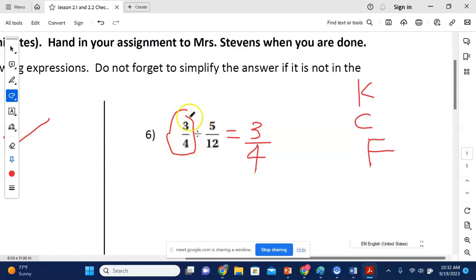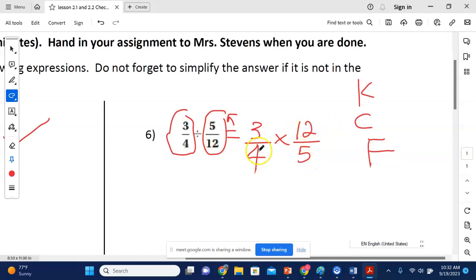I'm keeping the first number. Leave the first number alone. Right? And then I'm going to change division into what? Multiplication. Okay, so that's the change. And then what am I flipping? I'm flipping the second fraction. So what is the reciprocal of 5 over 12? 12 over 5.